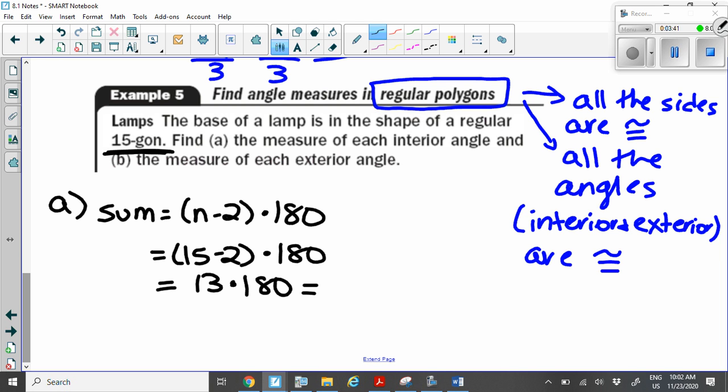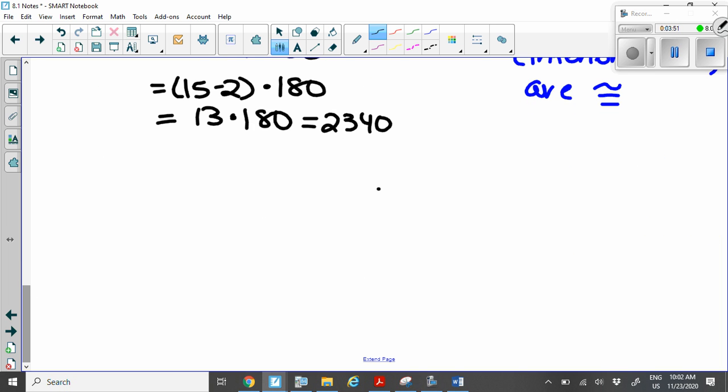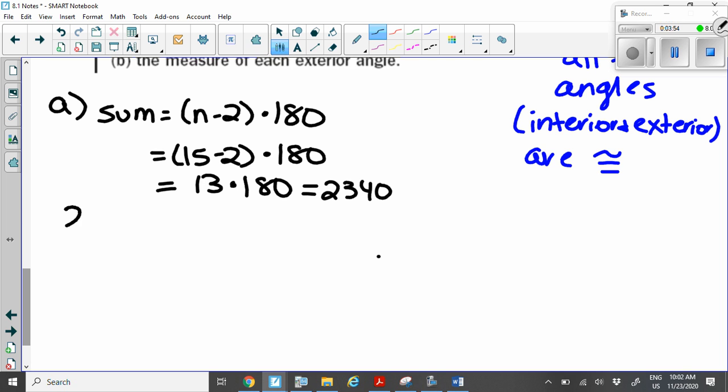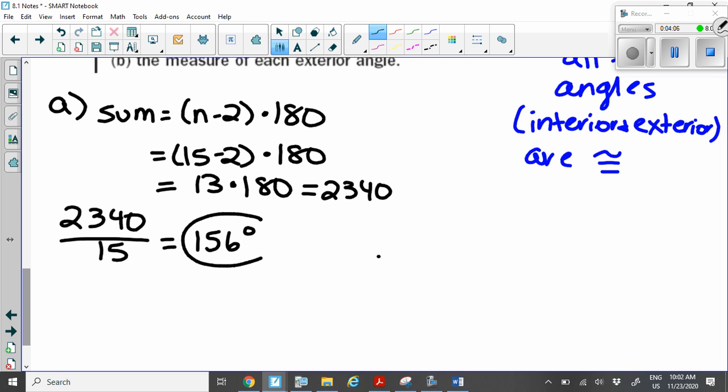And that's going to give us 2,340. Now remember, that's the sum of the interior. We want to find each individual interior angle. So to do that, I'm going to take my 2,340 and divide it by how many sides of the polygon. In this case, it's 15. So that means each inside angle or each interior angle is going to be 156 degrees.